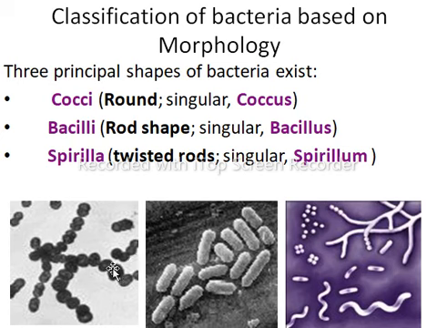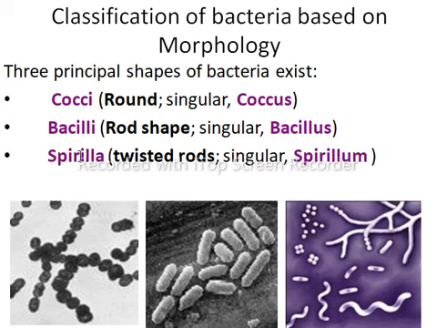So bacteria come mainly in three forms. First is cocci. These are round or circular bacteria. Coccus is for single cells. Then come bacilli. These are rod shaped or cylindrical bacteria. Bacillus is for single cells.